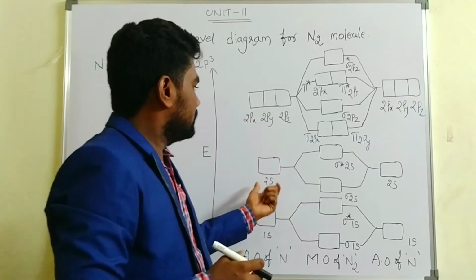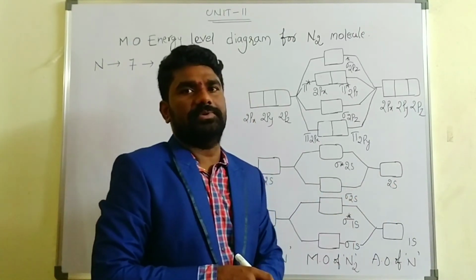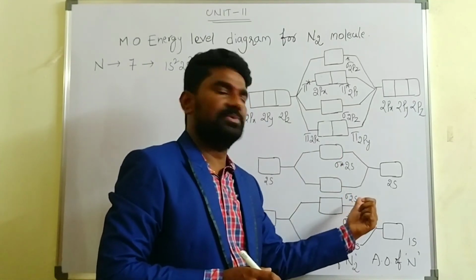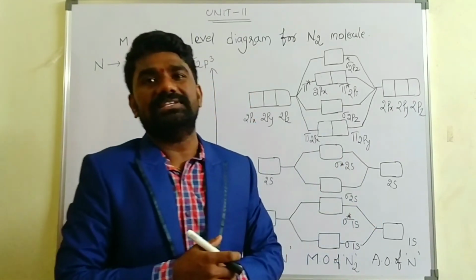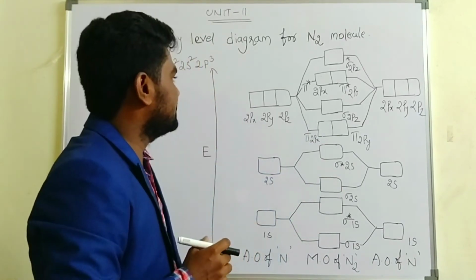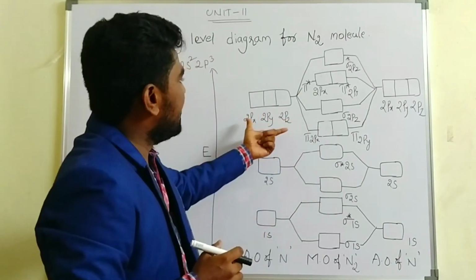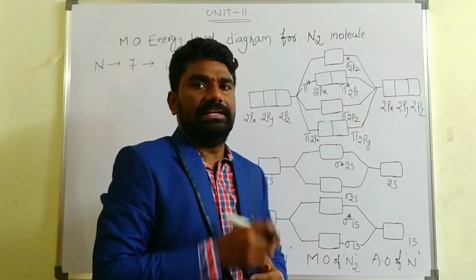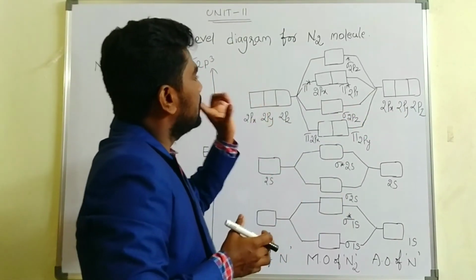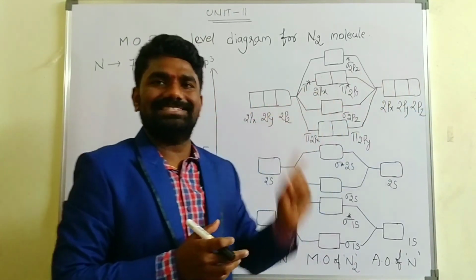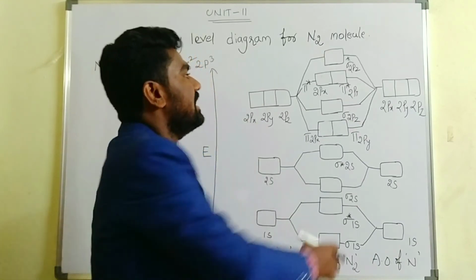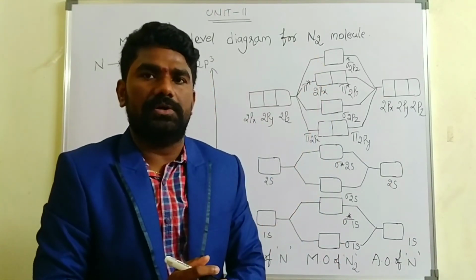In the same way, the 2s, 2s orbitals: here also we will get 2 molecular orbitals, one is the bonding molecular orbital sigma 2s and the other is the anti-bonding molecular orbital sigma star 2s, isn't it? Now finally we have the p orbital. The p orbital actually has 3 orbitals, so 3 plus 3 we have a total of 6 orbitals, so 6 molecular orbitals we will get. Okay, this is the energy sequence order.